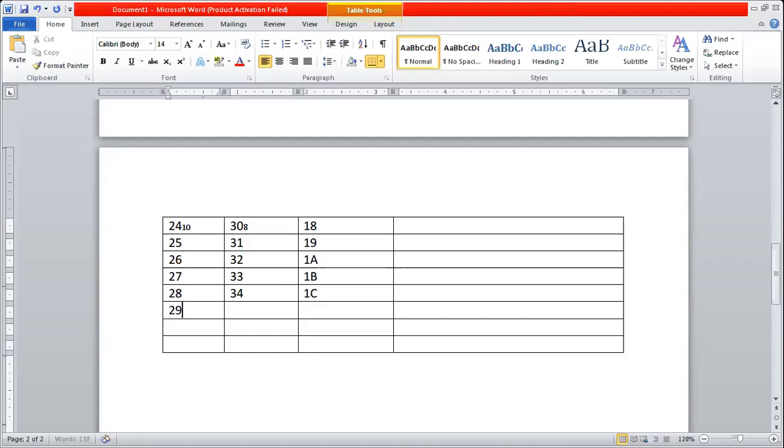Okay, here 29, 35, and then 1D. Here after 29 it is 30, right? After 35 comes 36. Here it is 1E. Here it is 31, here it is 37. Here it is, what is the number? 1F.